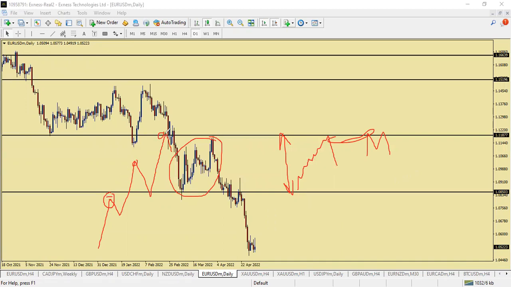So what you're expecting is for price to retest this point and break this high to confirm to you that, yes, I think it was a flag, and we are moving further down. So you're going to be looking for strong support points and strong market patterns next to these points.